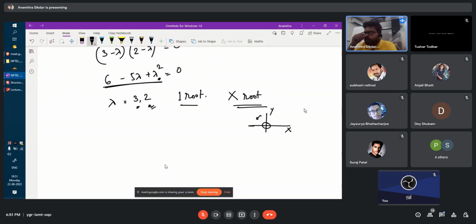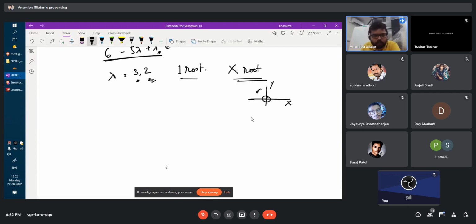You can check it in your copies later. If you fail to do this, just inform me. Next week I will show you why we won't get the eigenvalues in that direction. So now we have the eigenvalues, so we'll rewrite the equation.